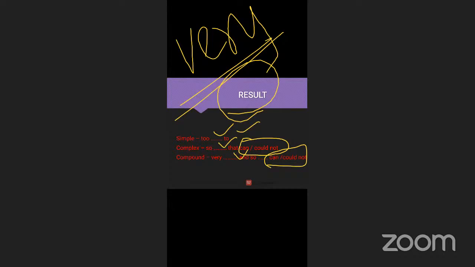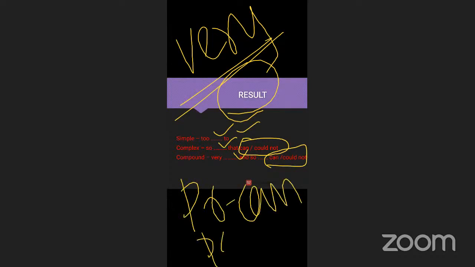Why do we use cannot and could not? Where can we use cannot? Where can we use could not? In which tense can we use cannot? Yes, very good. It is in present tense we will use cannot. In past tense we will use could not. That's all. Very simple matter.